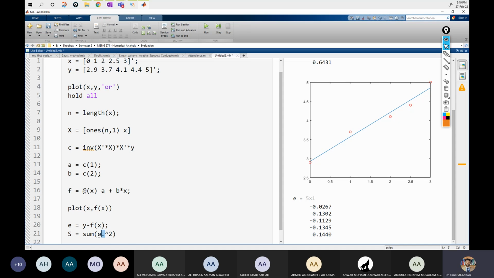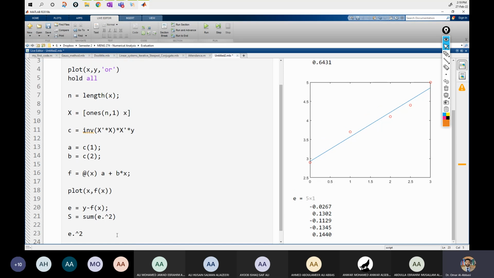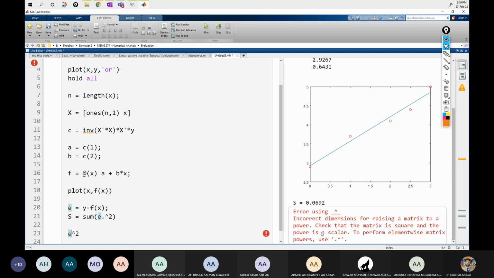And if you do it without that dot, we will see an error message. Look at that. Incorrect dimensions for raising a matrix, although E is a vector, but it is a matrix n by 1, right?